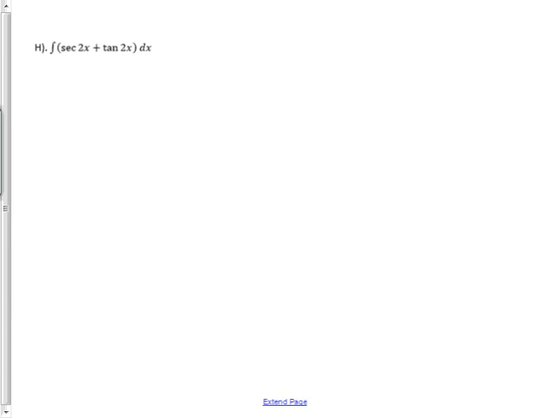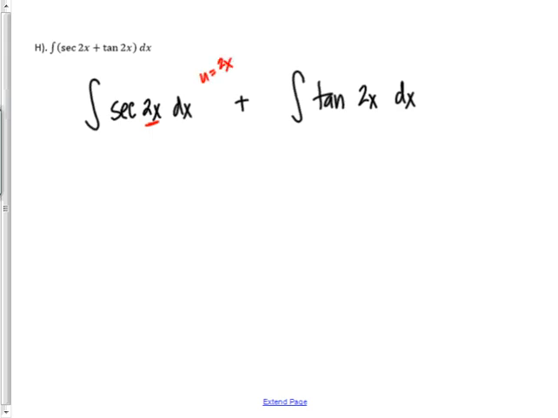All right, so we've got to integrate secant 2x plus tangent 2x dx. I'm going to separate this out. We've got the integral of secant 2x, and we've got the integral of tangent 2x. Okay, so anytime that angle is not a plain x, plain theta, you're going to do u substitution. I'm going to let u be 2x, so then du is 2 dx. So I know I'm going to have to have a 2 and cancel 1/2.